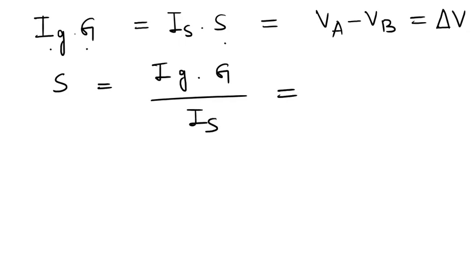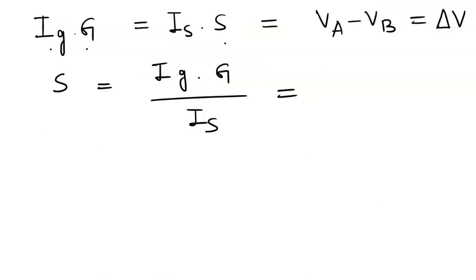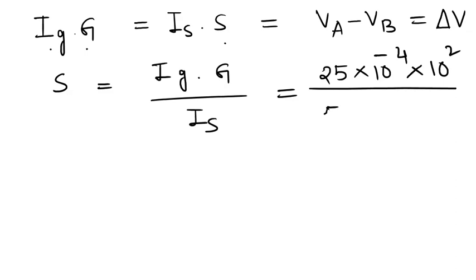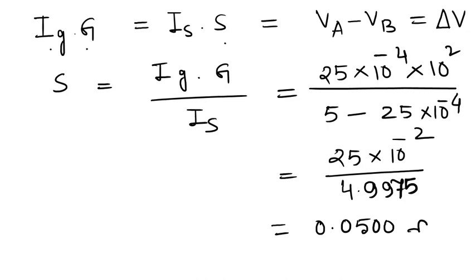So what about Ig? We got Ig as 25 into 10 to the power minus 4, G is 100, and Is is 5 minus 25 into 10 to the power minus 4. So 5 minus 25 into 10 to the power minus 4 comes to 4.9975, and the answer is 0.0500 ohm.